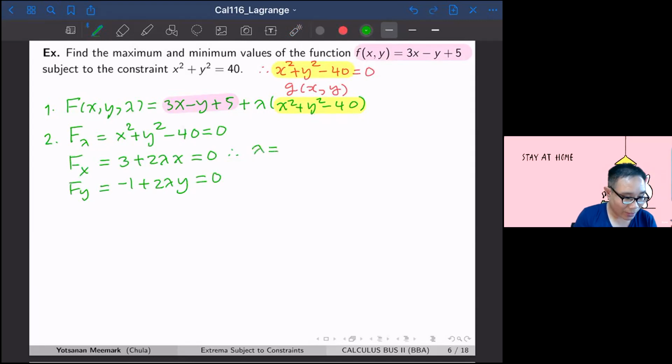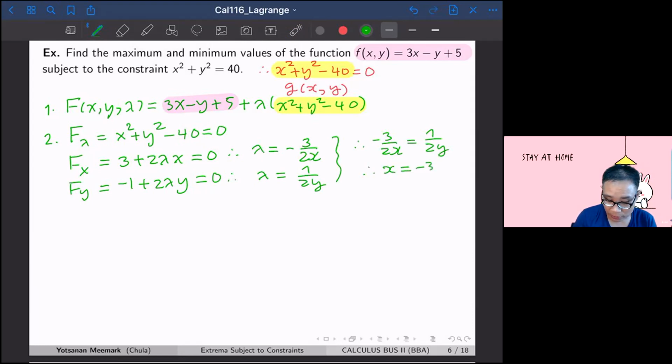Lambda will be just negative 3 over 2x, okay? And you have lambda equal to 1 over 2y, okay? So for this one, you get negative 3 over 2x equal to 1 over 2y. So you would get x equal to negative 3y. Okay, so when you have x equal to negative 3y, you're gonna put into the constraint.